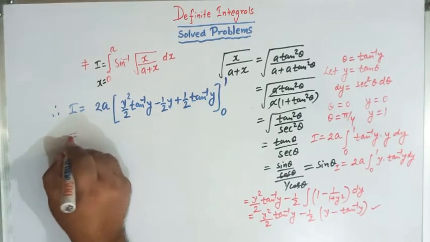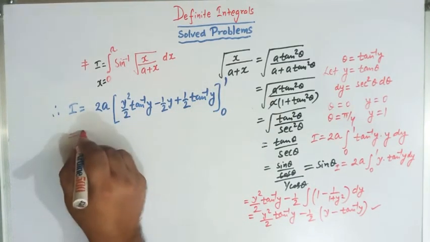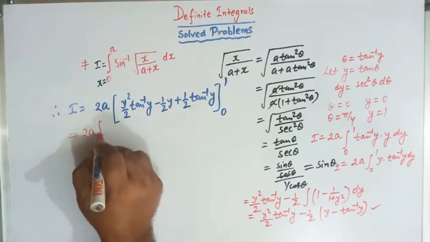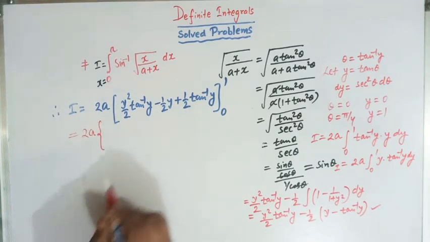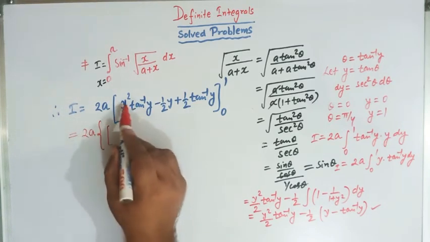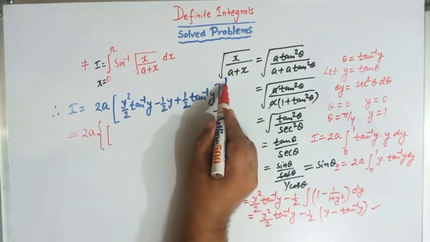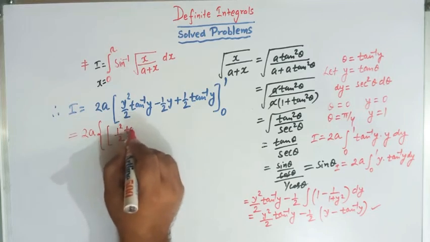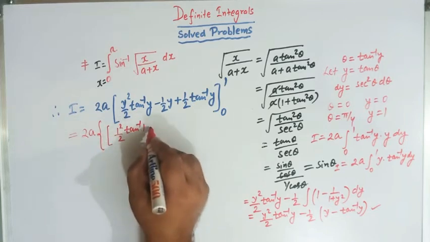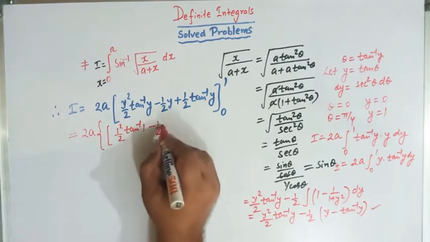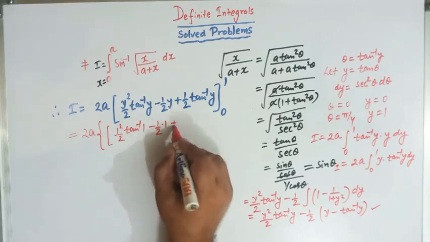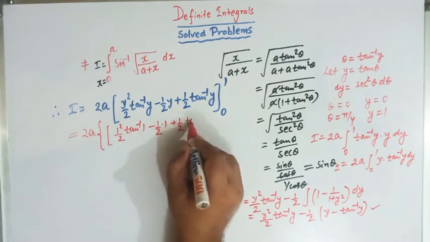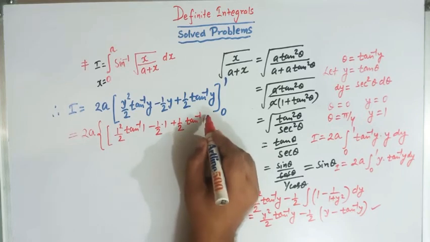So now this can be written as 2a times: for y = 1, we have 1²/2 tan⁻¹1 − ½ times 1 + ½ tan⁻¹1.